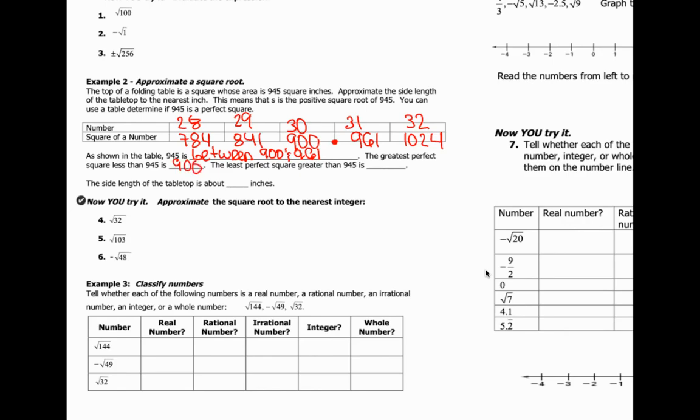The least perfect square greater than 945 is 961. So the side length has to be somewhere in between 30 and 31. It is a little bit closer to 31 since it's 945, so I'm just going to guess about 30.7.